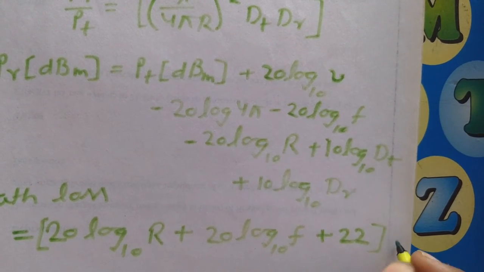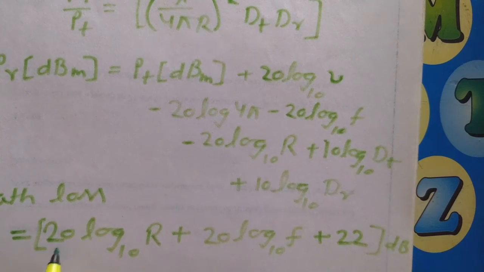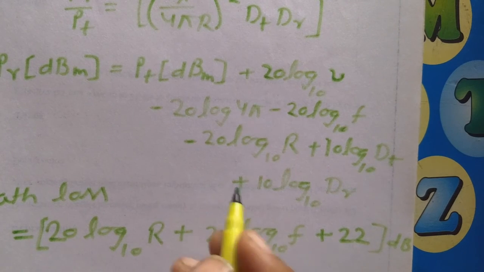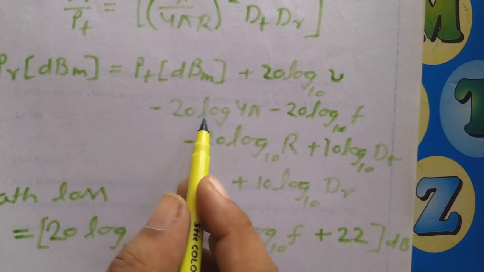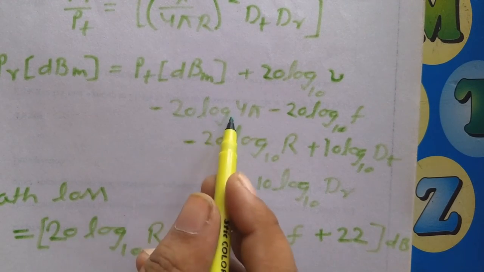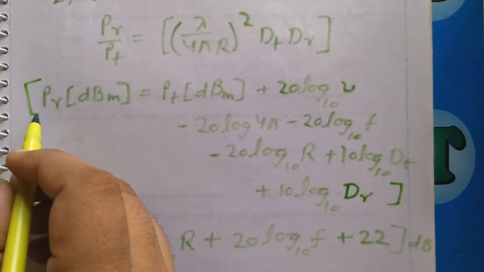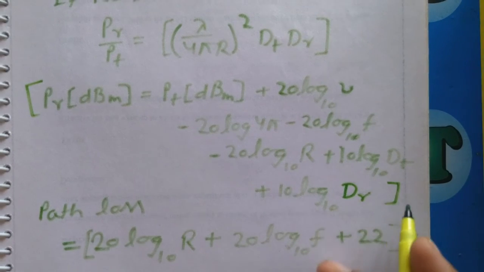Okay, that is the path loss. 20 log 10 r plus 20 log 10 f plus 22, that is nothing but 20 log 4 pi. The value of 20 log 4 pi is 22. So this is all about the FRIIS transmission line equation.